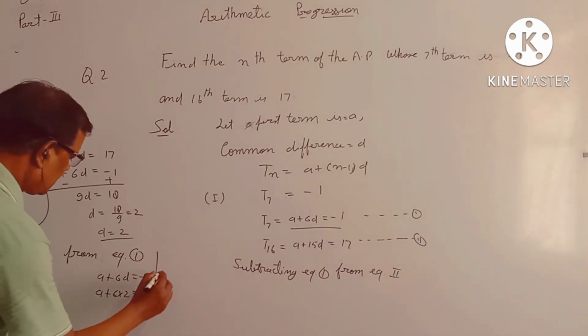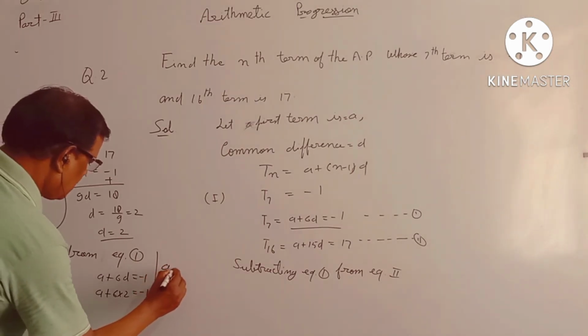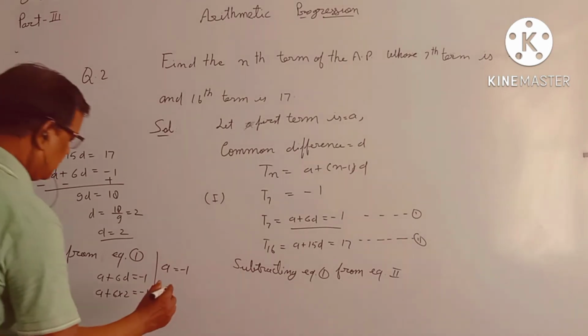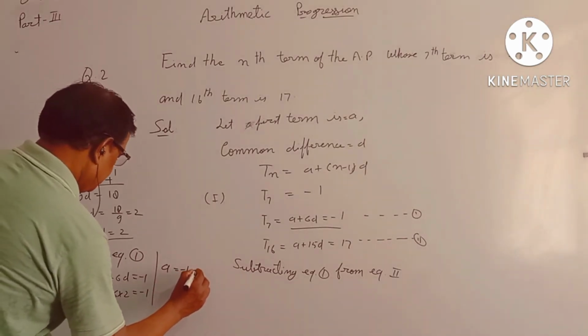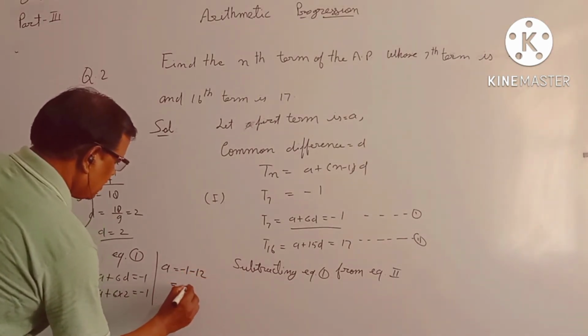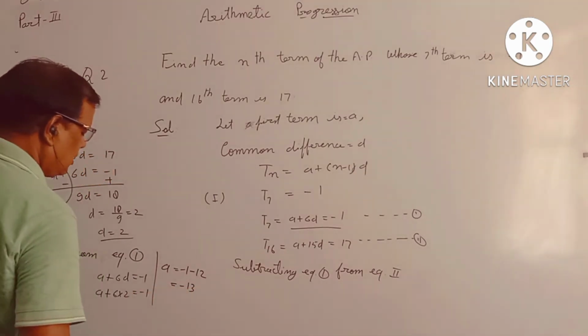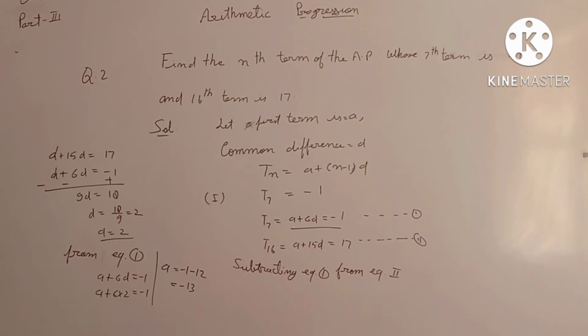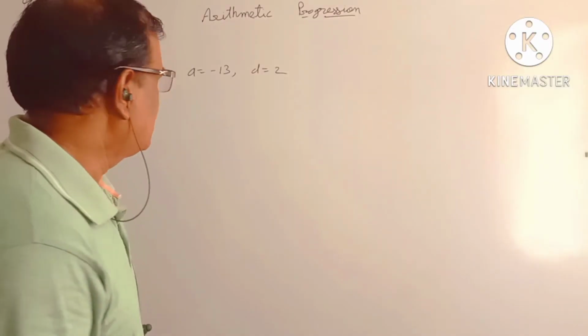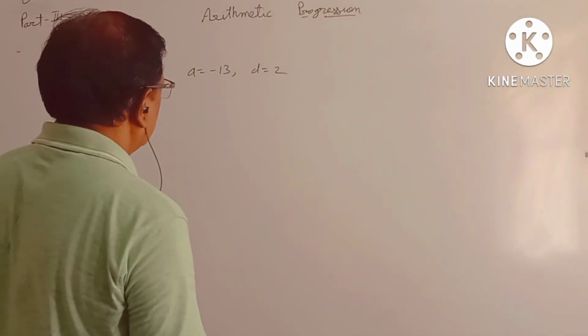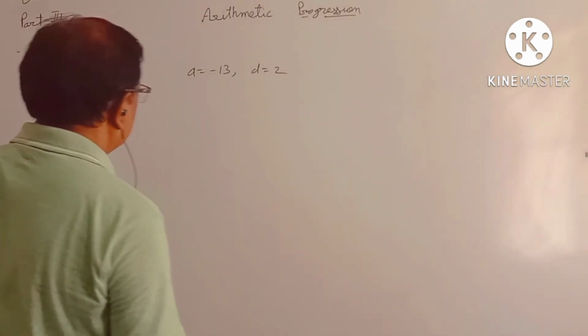A equals minus 1 minus 12, it will be minus 13. Now A is minus 13, as we have seen here. The first term A is minus 13 and the common difference D is 2.